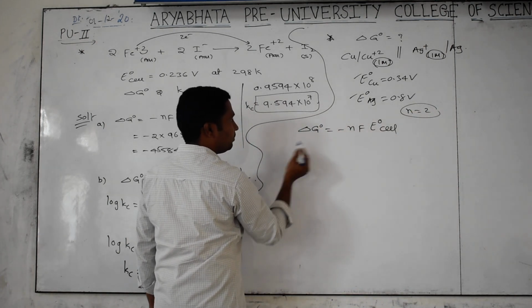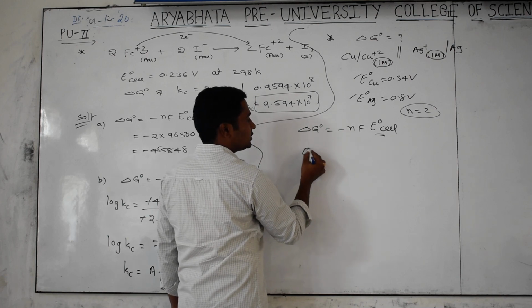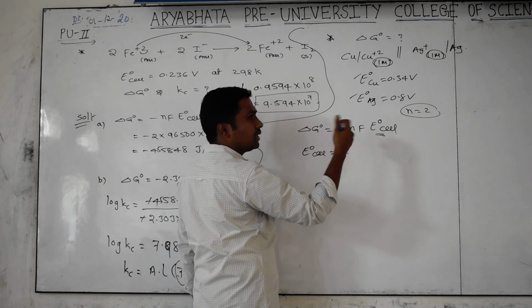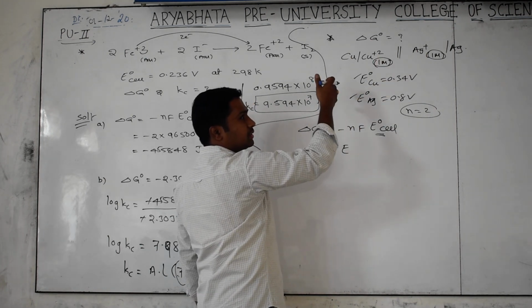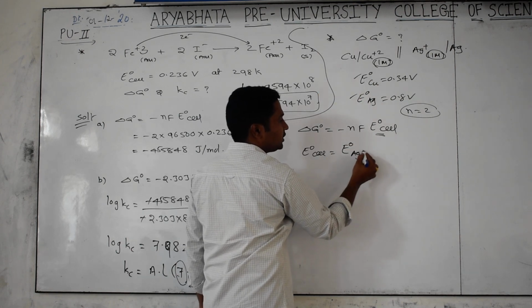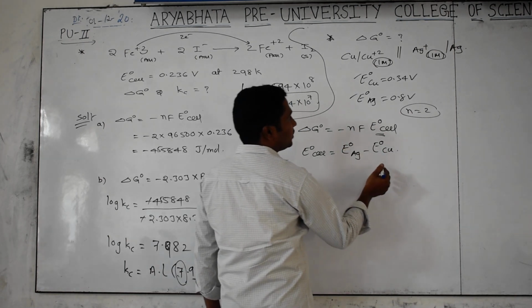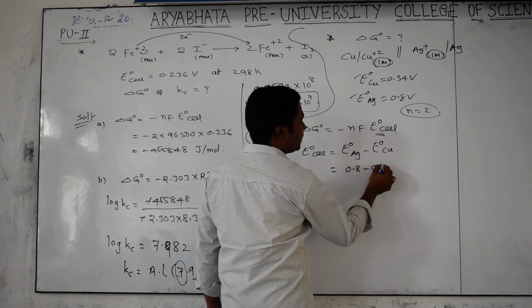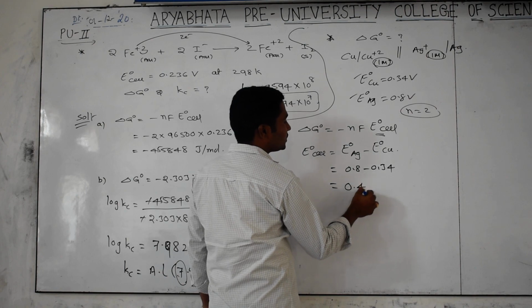Substitute here. Before that, you have to find the standard EMF of the cell. You know very well, standard EMF of the cell is equal to the standard electrode potential of cathode minus anode. What is the cathode here? The right side is the cathode, the left side is the anode. So silver is the cathode. Standard electrode potential of Ag minus standard electrode potential of copper: 0.8 minus 0.34 is 0.46.